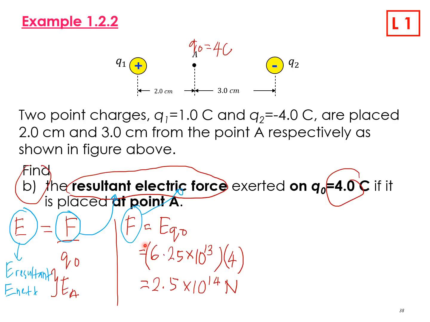Remember, the direction of E net for part A is toward Q2, so EA at point A is towards Q2.